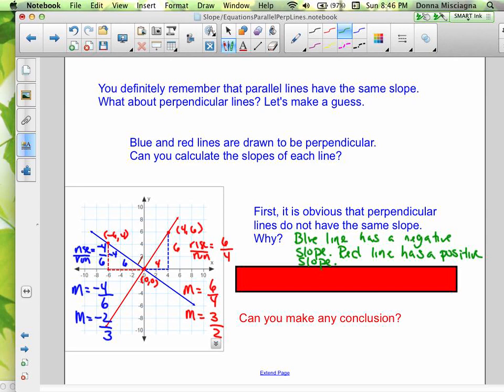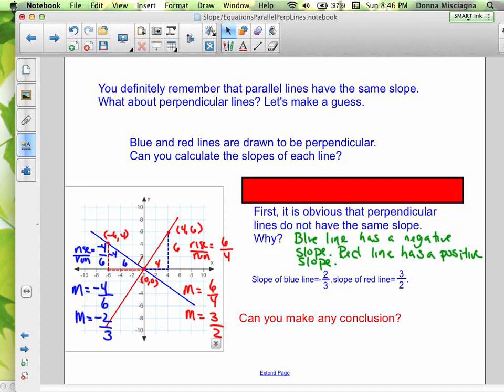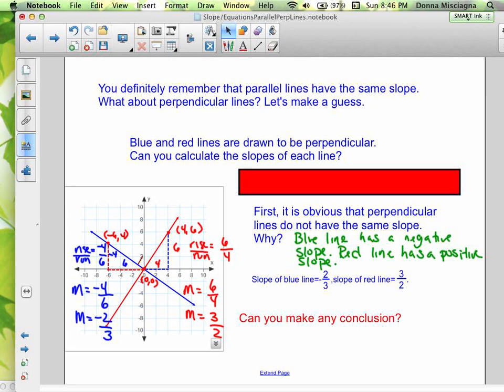But now can we figure out what this relationship is? Again here, we'll move the red thing out of the way. The slope of the blue line was -2 thirds. The slope of the red line is 3/2. Notice that it's the same numbers, only they're flipped. Well, they are reciprocals of one another.